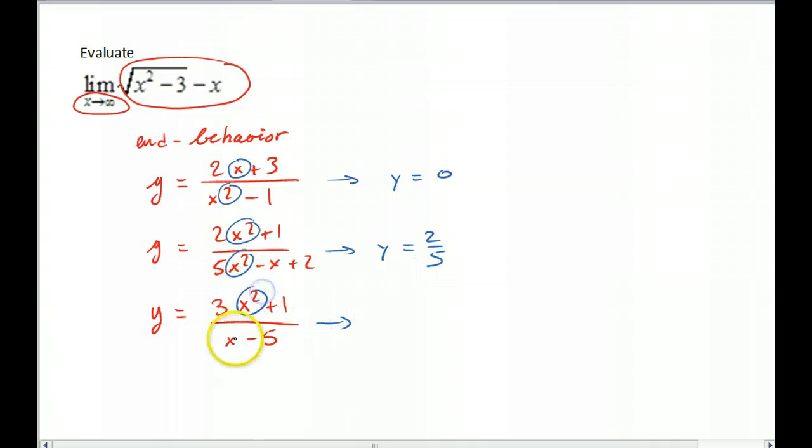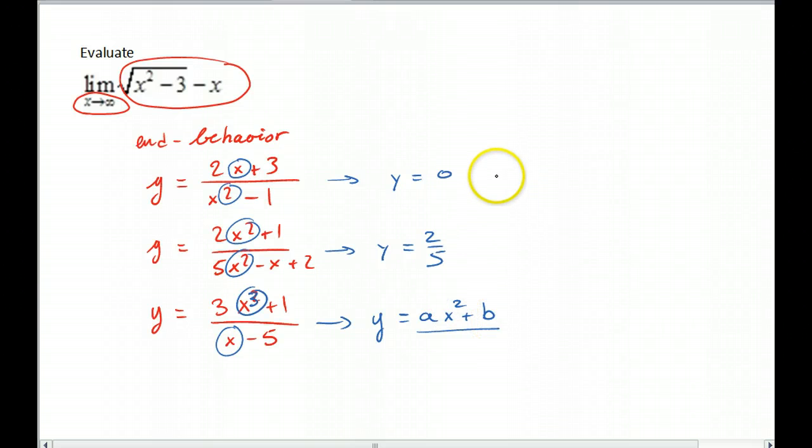And when the numerator has a degree higher than the denominator, the asymptote will not be a horizontal line, it's going to be a slanted line. How do you find it? By doing the long division. If the degree is 2 higher, then you're going to have a parabola, etc.